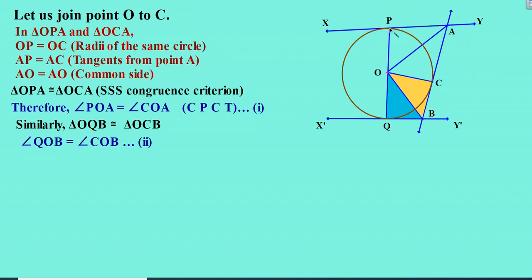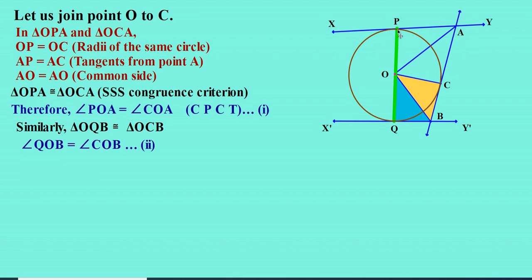Now, look at PQ. What is PQ here? PQ is the diameter. So it is a straight line. Here, on this PQ, four angles are there: angle POA, angle AOC, angle COB, and angle QOB.